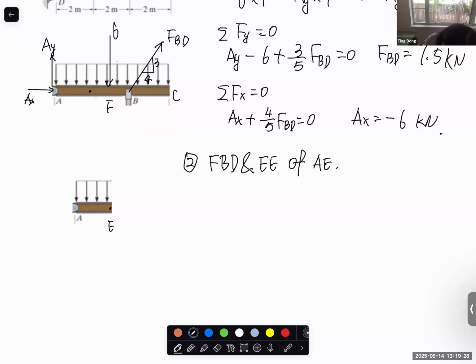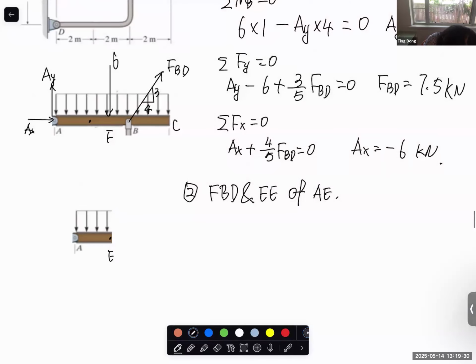Reaction force, we already calculated the reaction force in the x direction is in the negative x direction and magnitude is 6 kilonewton. And in the y direction is upward 7.5. Oh no, 7.5 is BD, 1.5.